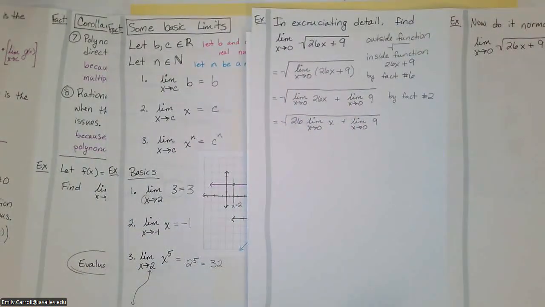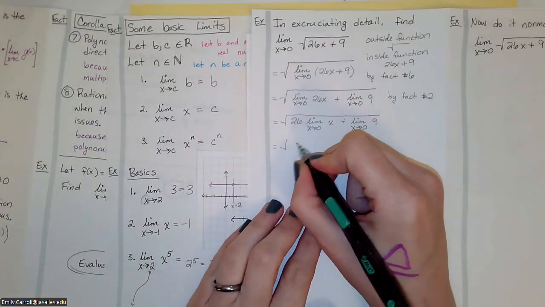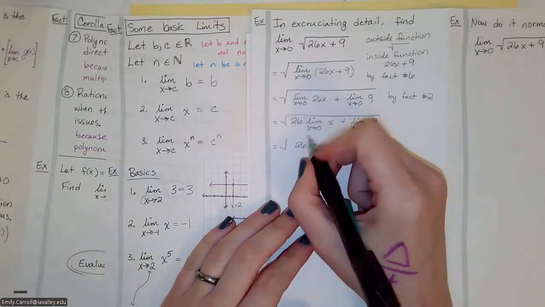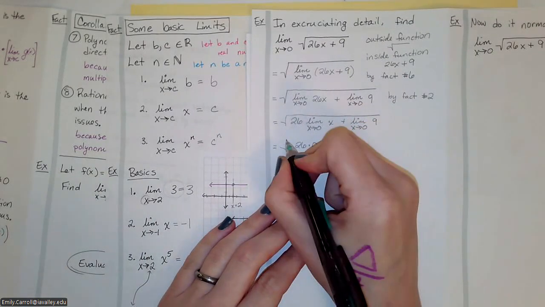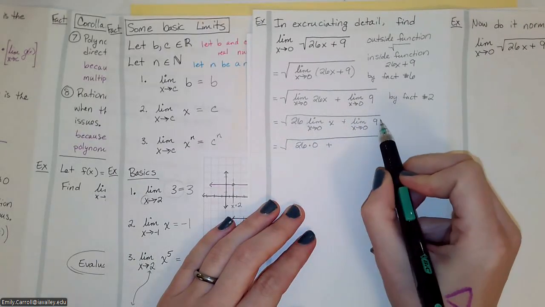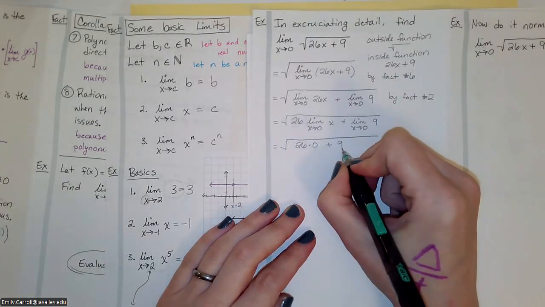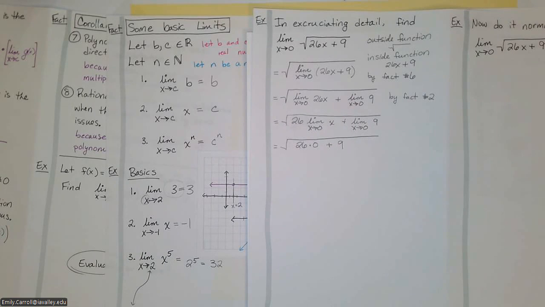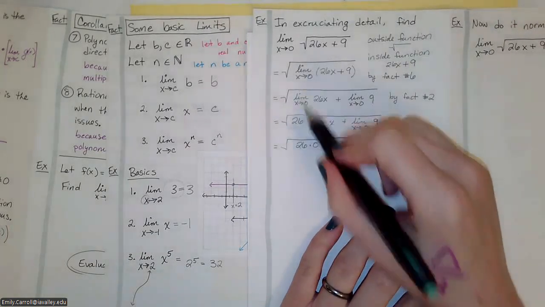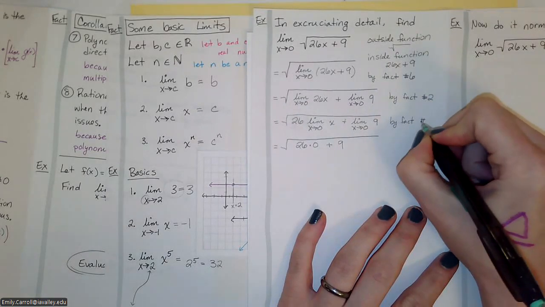So now we have the square root of 26 times, now I can let x go to 0, so that's a 0, plus the limit as x goes to 0 of 9. 9 doesn't care what x is doing. 9 is just always 9. So this is by fact number 1.